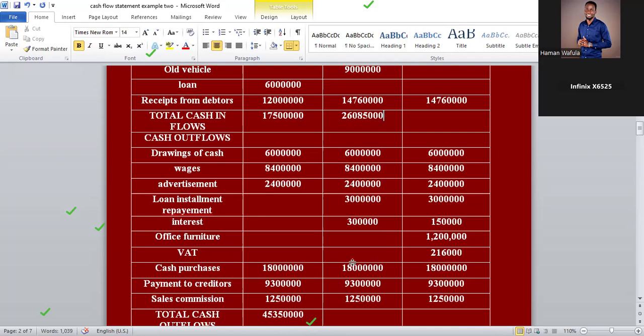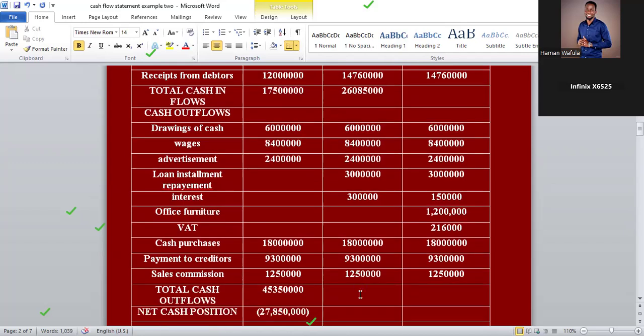We get 46,650,000. So when we subtract, we shall get a negative 22,500,000 as our net cash position.